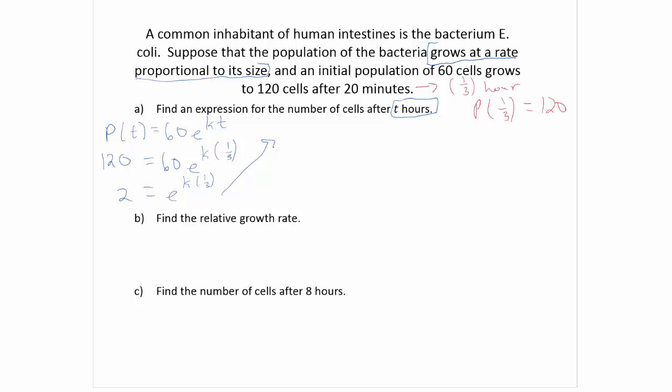Applying the natural log to both sides of the equation, the natural log of 2 is equal to 1/3 of k. And then multiplying by 3, k is equal to 3 times the natural log of 2, and using a little bit of our properties of logarithms, we could write that as the natural log of 8, because that's the natural log of 2 cubed, and so k is equal to the natural log of 8.